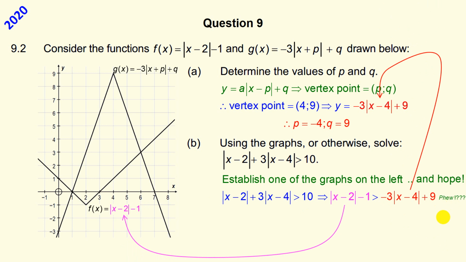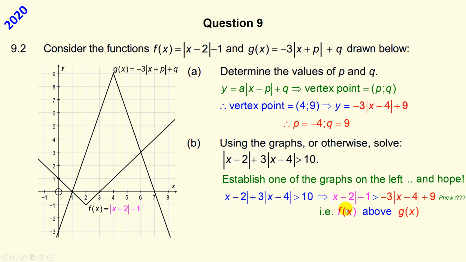So therefore now it boils down to the one above the other. So it means f of x, where's f of x above g of x? Well, that's where they are. F of x is above g of x there, and f of x is above g of x there.